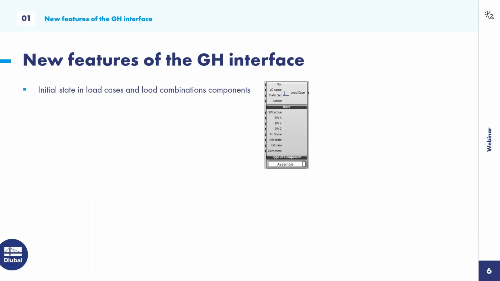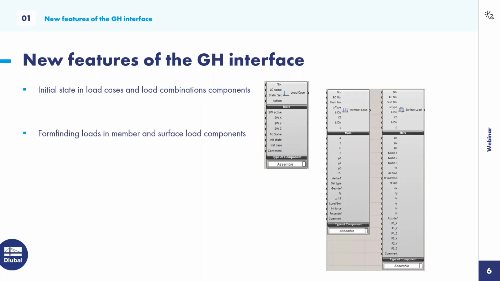Additionally, we have extended the load case and load combination component with the initial state setting. This is required for form finding related analysis, and we also extended the member load and surface load components with form finding related load inputs.